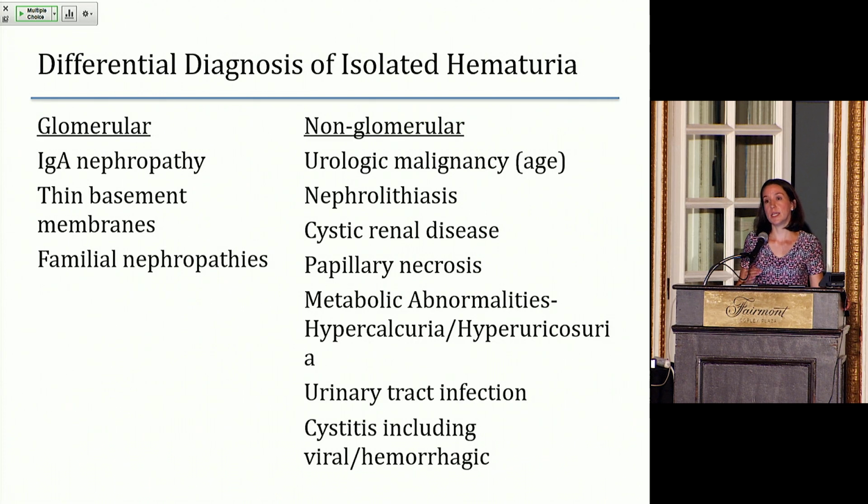When we think about isolated hematuria, and really I'm talking about microscopic hematuria for the most part here, the glomerular causes are generally IgA nephropathy, thin basement membranes, or the familial nephropathies. And then the non-glomerular causes, there's quite a long list: trauma, urologic malignancy, nephrolithiasis, cysts, papillary necrosis, certain metabolic abnormalities in the urine, like a lot of calcium or uricosuria, infection, or any kind of inflammation can give you isolated hematuria.